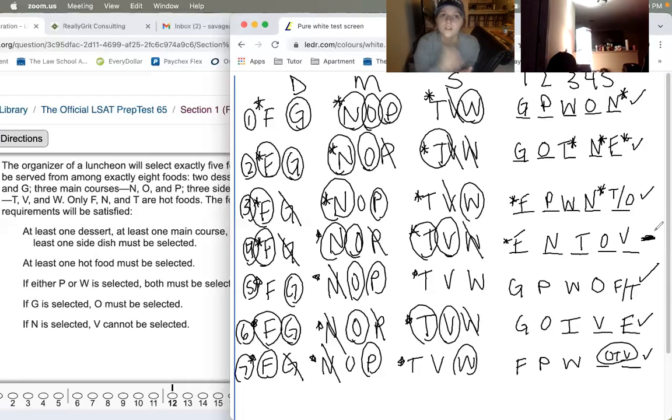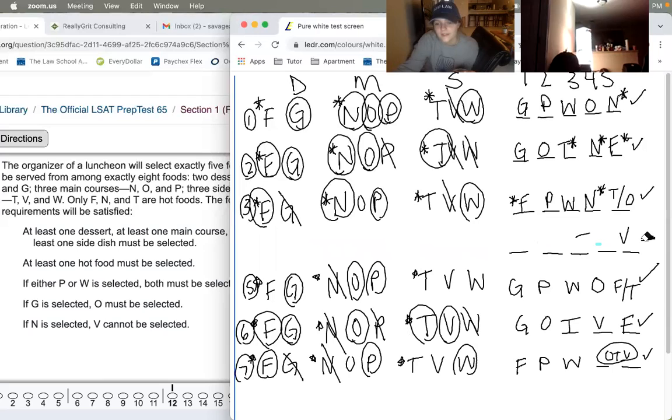So does the rule, our N and V rule, does that still... Yeah. That kills it. So it just doesn't exist. And for the sake of space and clarity, I'm just going to erase this. So it's a little bit easier to read all of this.